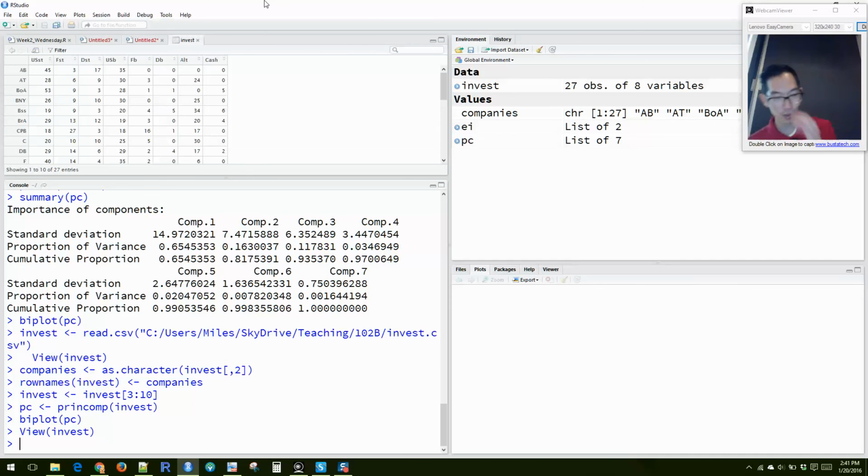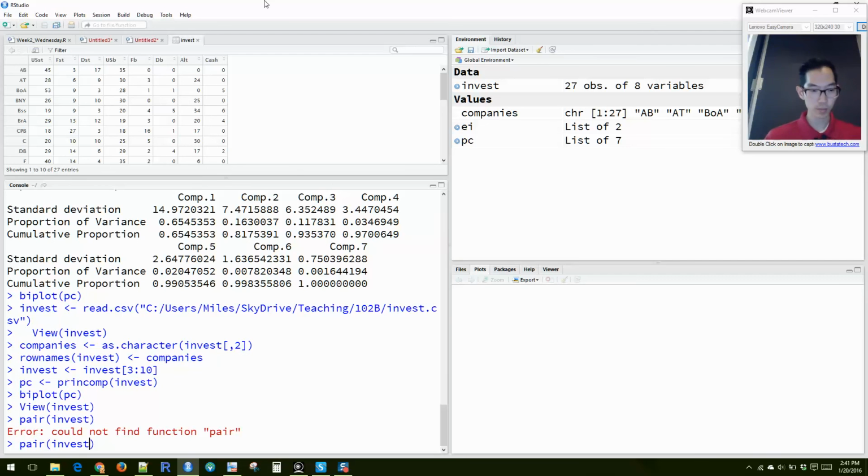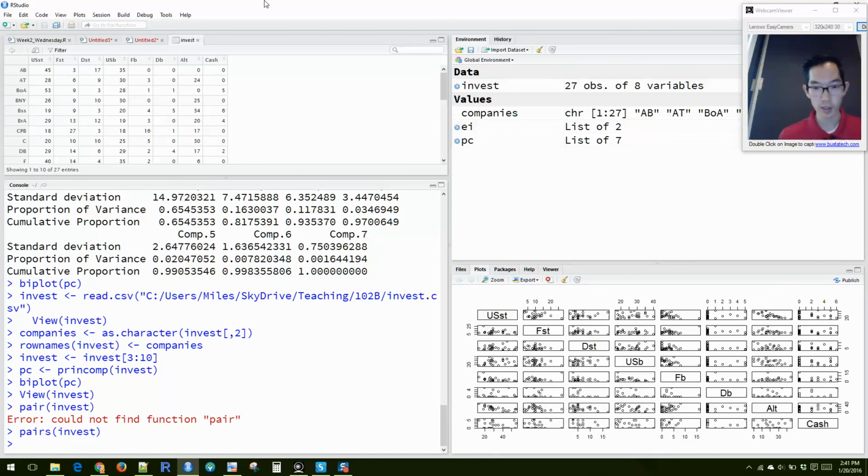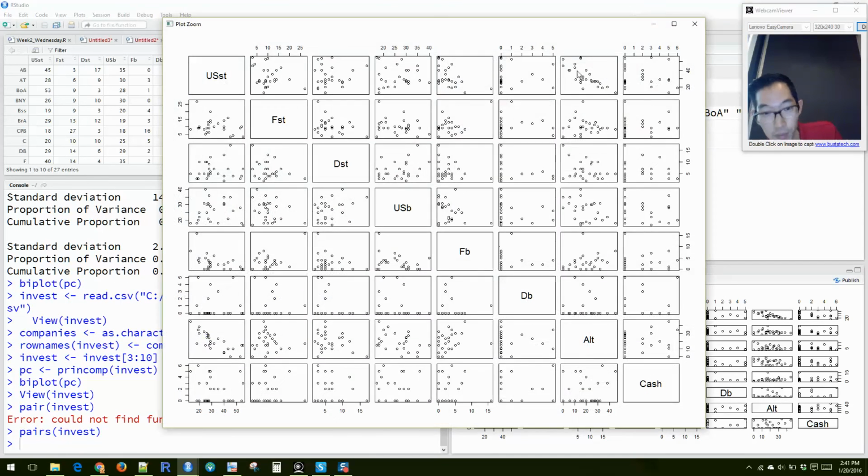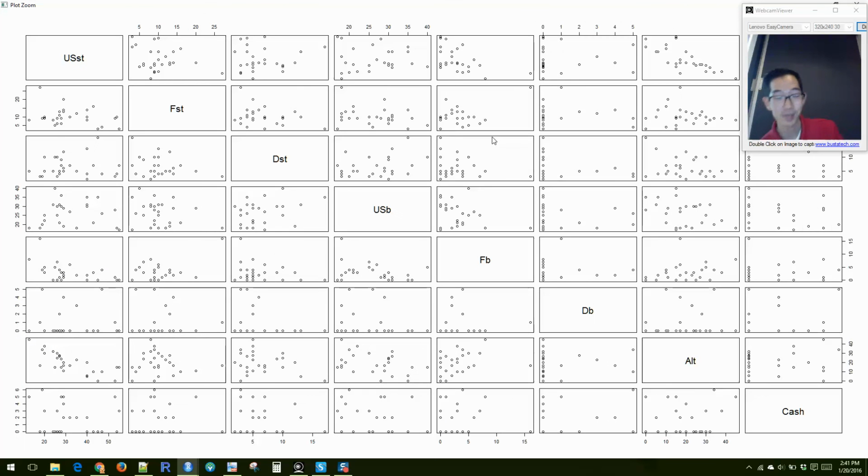And so we can do pairwise plots of our investment data. All right, and we get this thing, which is still really hard to see. It's hard to say much from this, right?